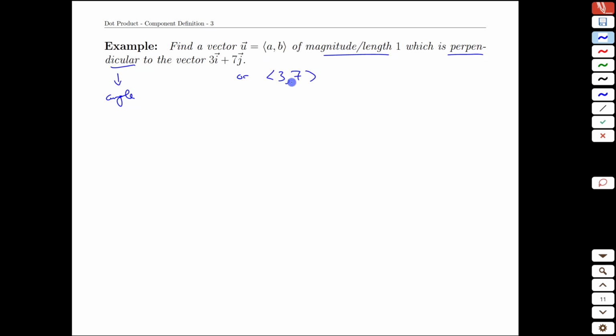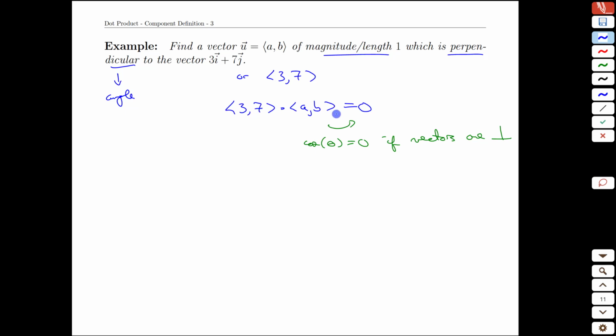Okay, well, the nice thing about this angle information is that we know that 3, 7 dotted with a, b must equal 0. We know that through the cos of the angle having to equal 0 if the vectors are perpendicular. And I'll use this perpendicular symbol here occasionally as a shortcut.